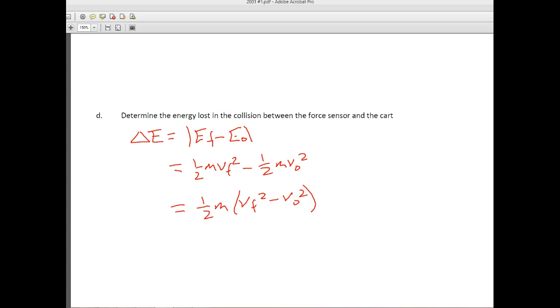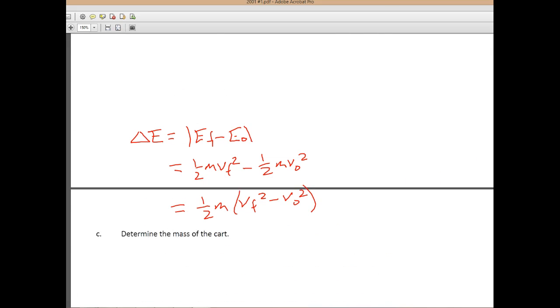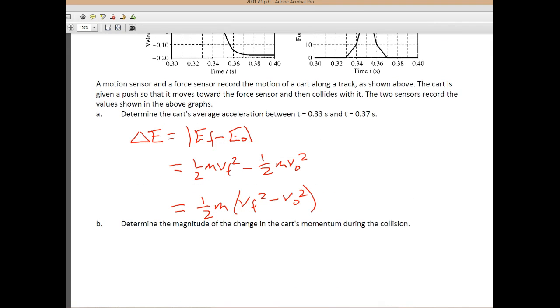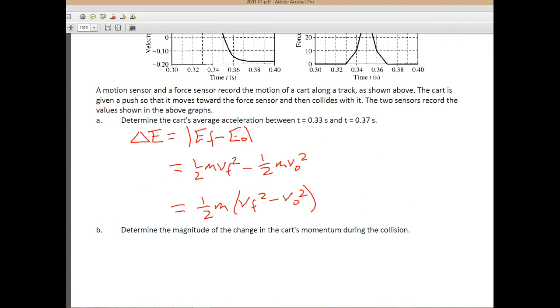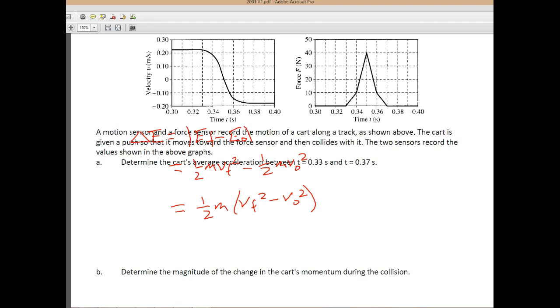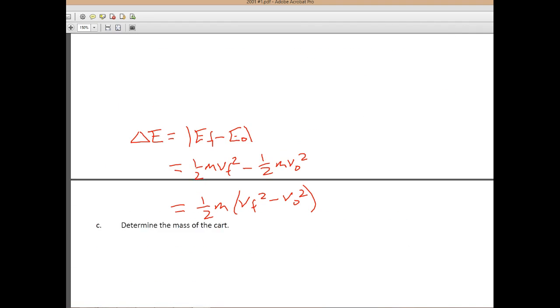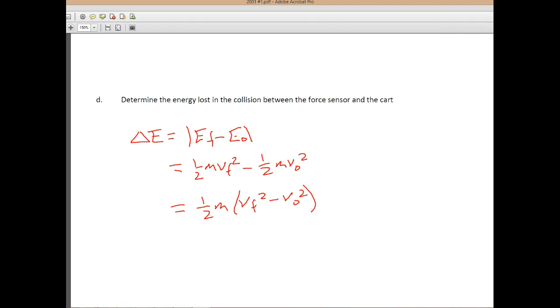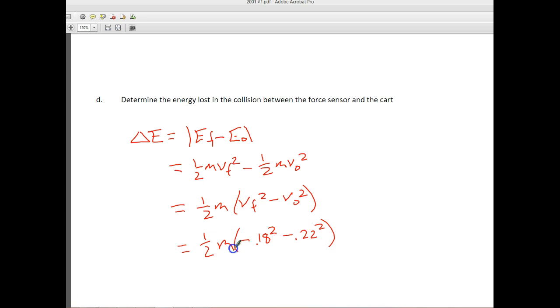If we go back up and look at the speeds, we talked about those speeds earlier. We said that they're probably somewhere around negative 0.18 and 0.22. So we'll go ahead and plug those in. So this is negative 0.18 squared minus 0.22 squared. And so this is equal to 1/2 of m.